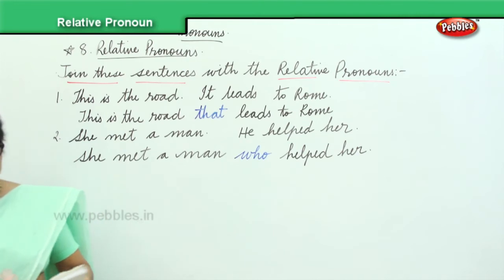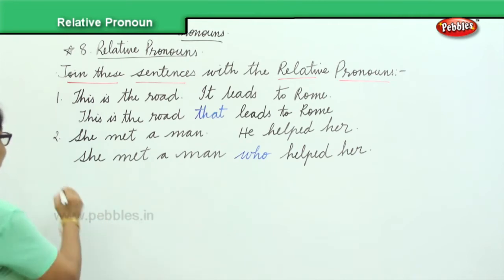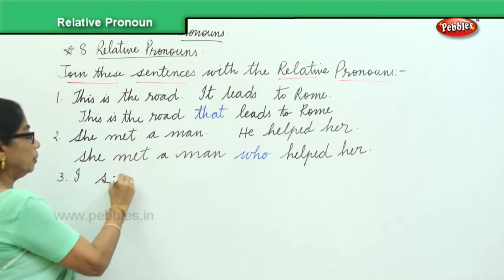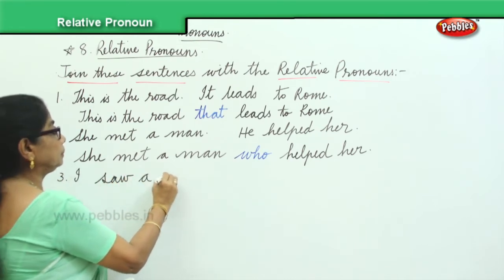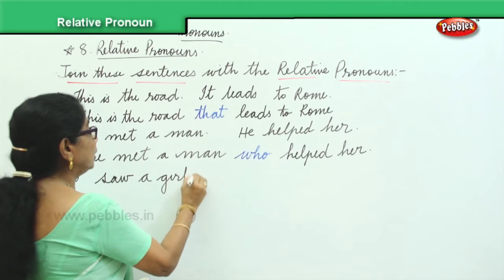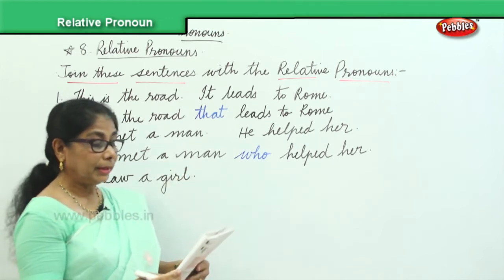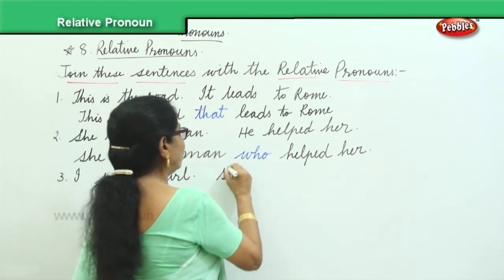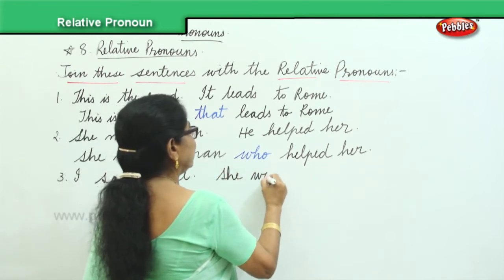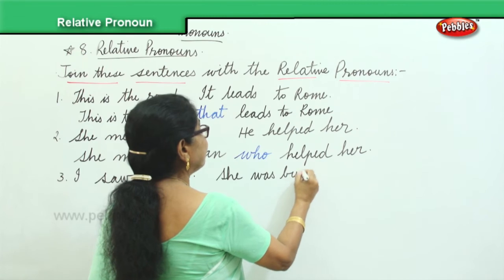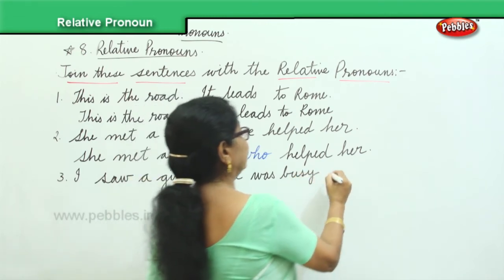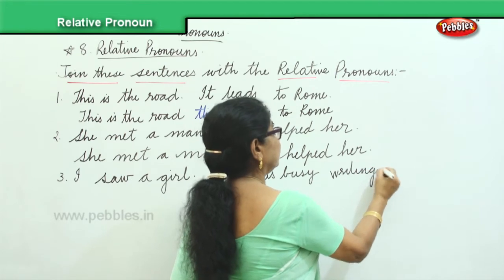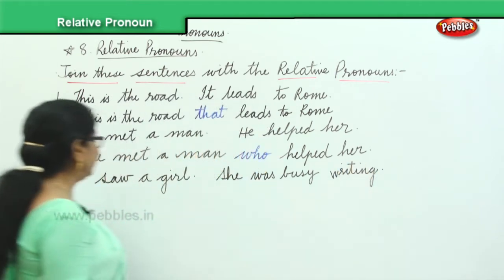Another sentence. I saw a girl. She was busy writing. Okay.